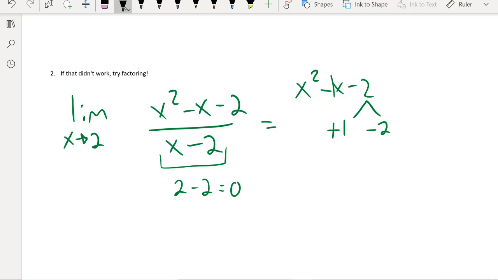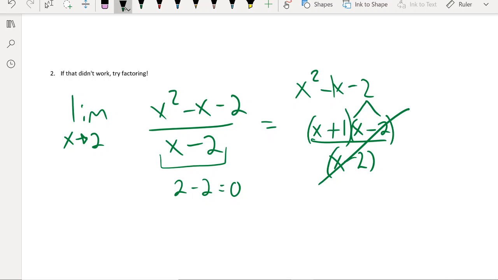If I do a positive 1 and a negative 2, I get a negative 2 when I multiply and a negative 1 when I add. So I factored it: x plus 1 times x minus 2, and this is over x minus 2.